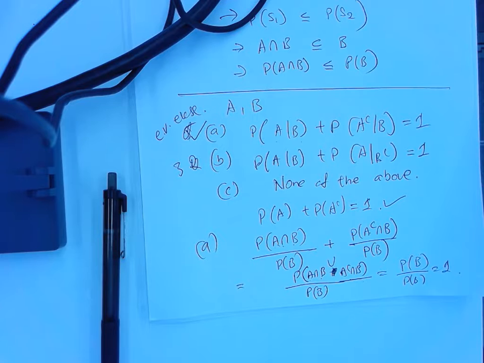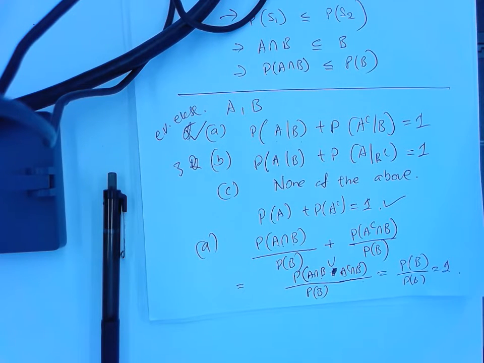A intersection B is this part. A complement is all the stuff which is not in A, right? So A complement intersection B will be this part. So that means A intersection B union A complement intersection B will be entire B.